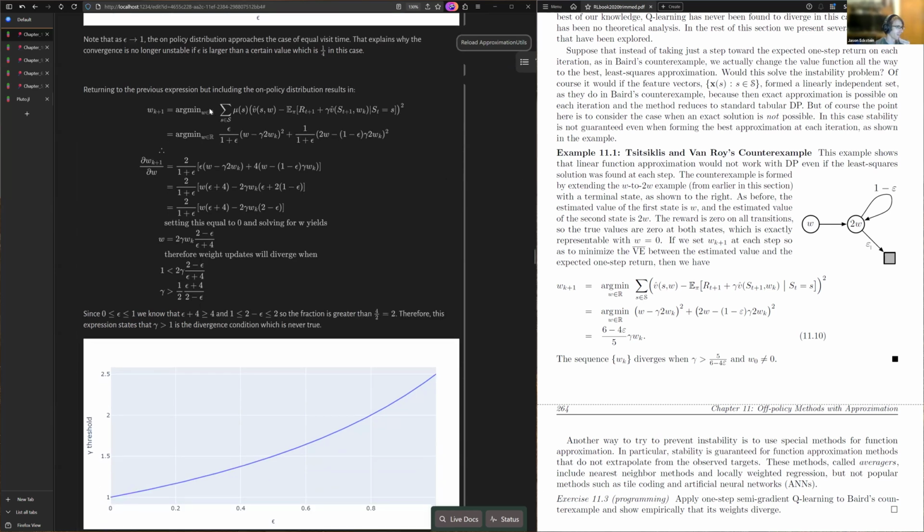But here we can see again the source of the divergence is that we're not using this state distribution in the update.